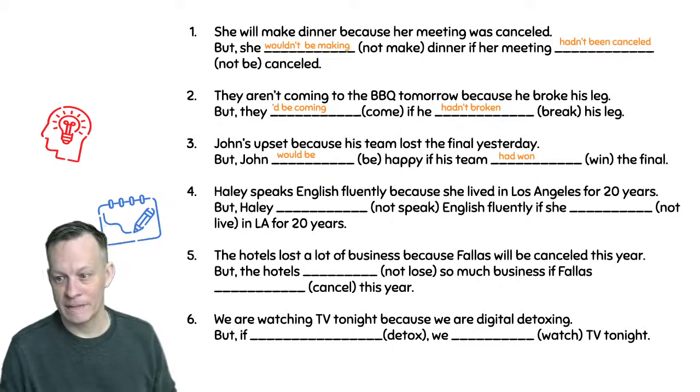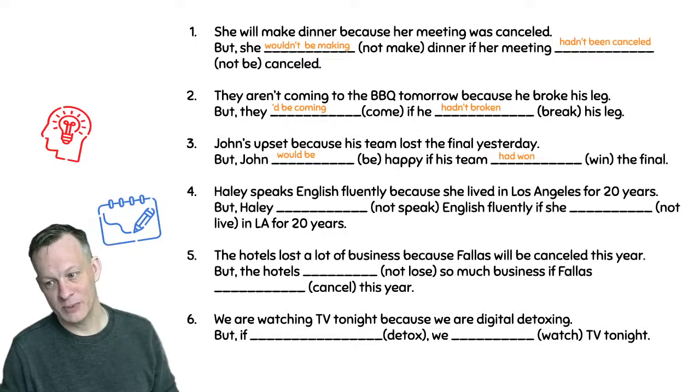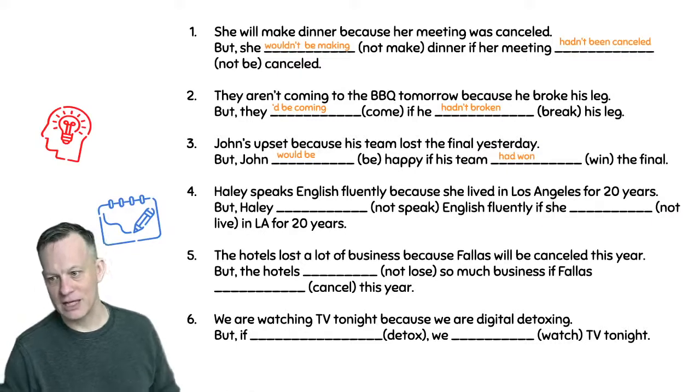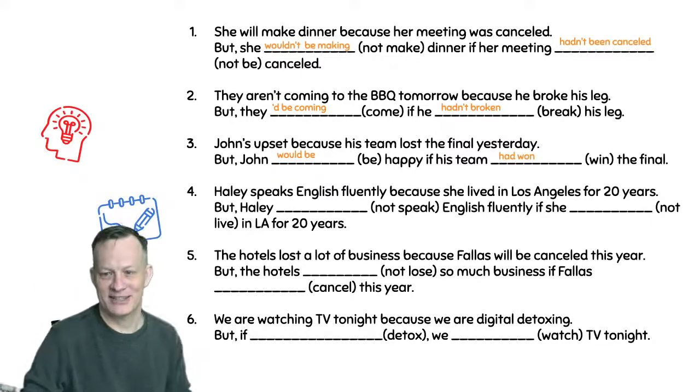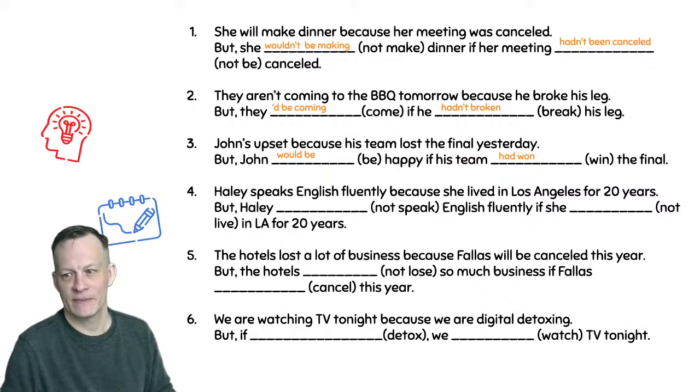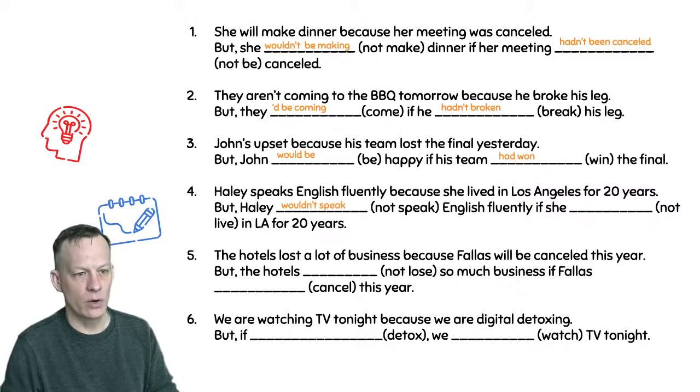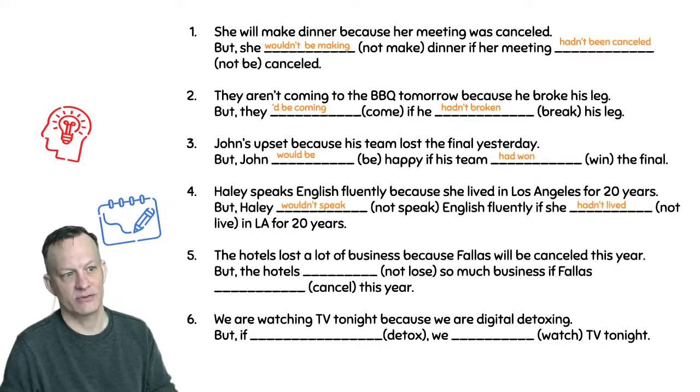Participle, Irene. Isabel comes in, would not speak. It's the same as wouldn't speak fluently if she had not lived. Yes, Irene, lived. Very good. So, Haley wouldn't speak English fluently if she hadn't lived in LA for 20 years.